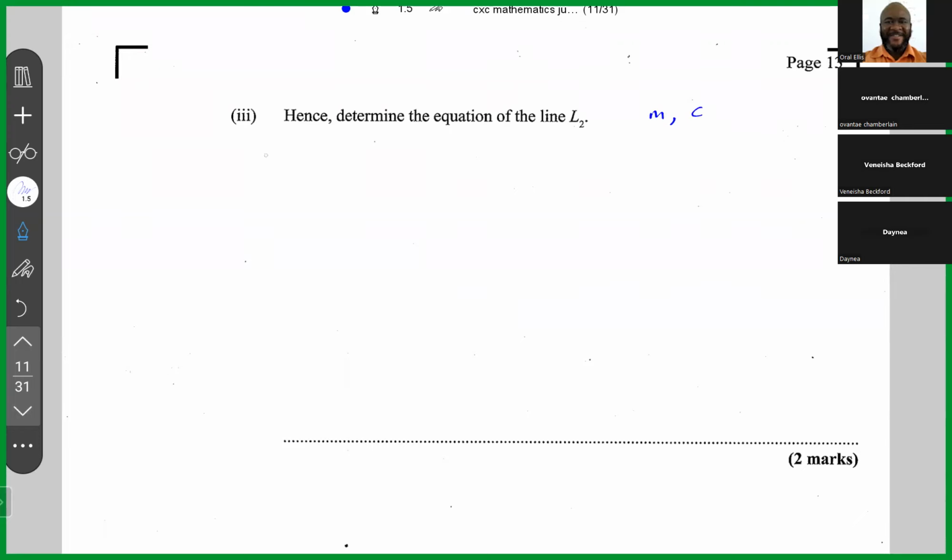The gradient of L1, M1, is minus a half, and we are told that L2 is perpendicular to L1. So the gradient of L2, M2, is equal to positive 2 over 1.